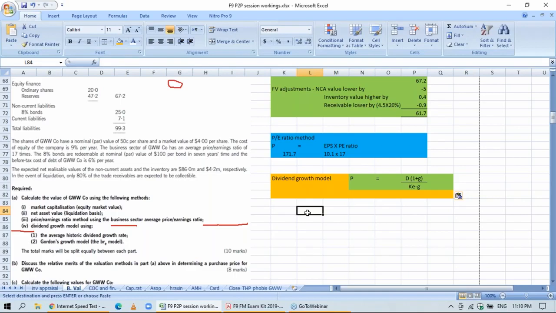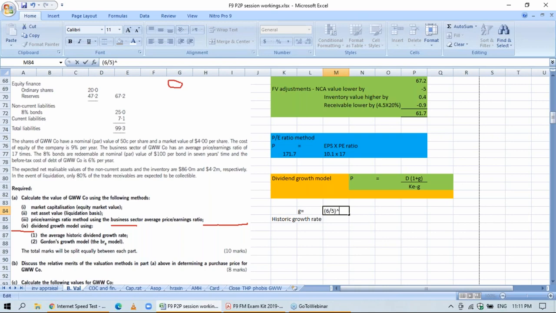So let me find the growth rate using the historic average growth rate. Use the dividends to calculate it. The latest dividend is 6 million, and the earliest dividend was 5, to the power of 1 upon n.